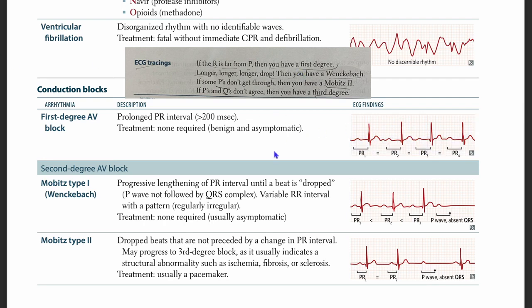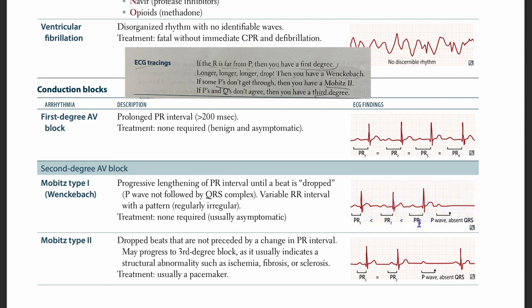Then longer drop, then you have a Wenckebach. Okay, so second degree AV block. This is Mobitz type 1, also known as Wenckebach. Progressive lengthening of PR interval until a beat is dropped. Okay, so here PR1 is going to be lower than PR2, which is going to be lower than PR3.